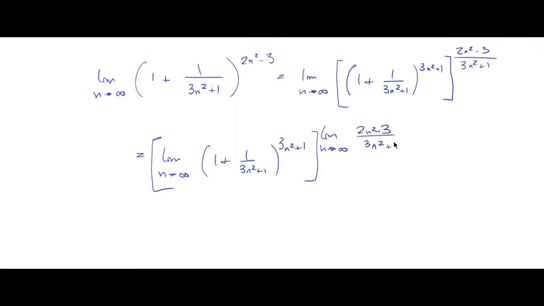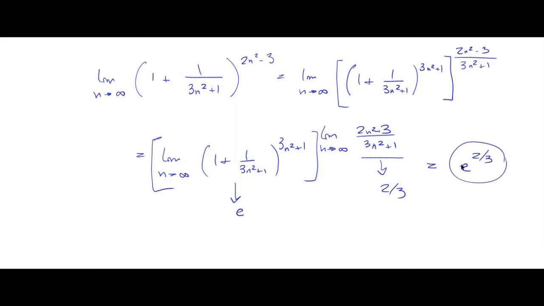Now this thing is going to be e, and the limit of the exponent, if you remember from last video, is going to be 2/3. We can take common factor n squared here, cancel each other out, and these two terms would go to 0. So this limit is going to be e to the 2/3.